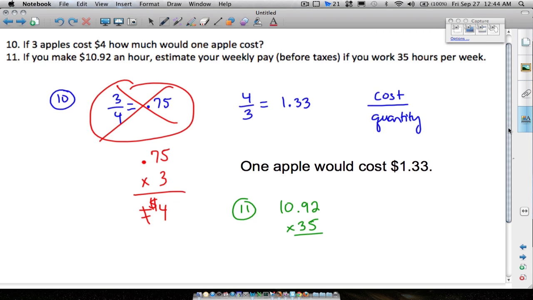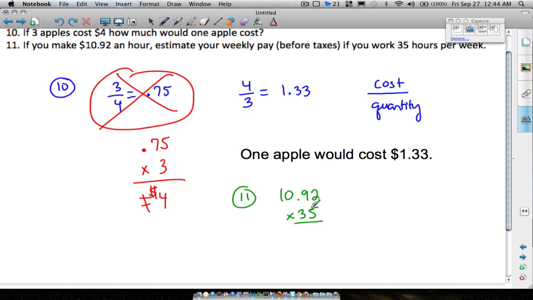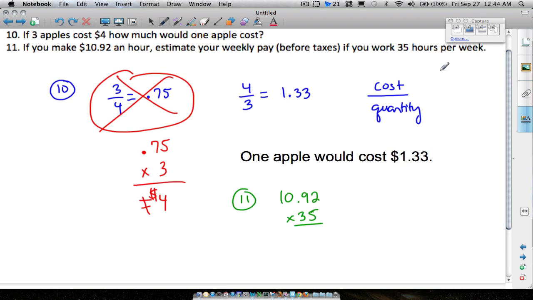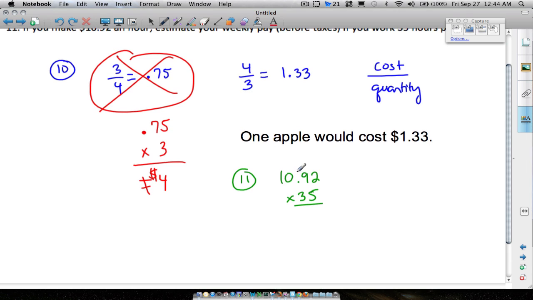Now, here it doesn't say show your work. As long as I see you set this up, I mean, sure, go ahead, spend a minute or two crunching this out. We'll do it anyway since we're on the video, but it doesn't say show your work for this. As long as you recognize, hey, you need to multiply this. $10.92 per hour for 35 hours means you multiply. So let's go ahead and hash this out.